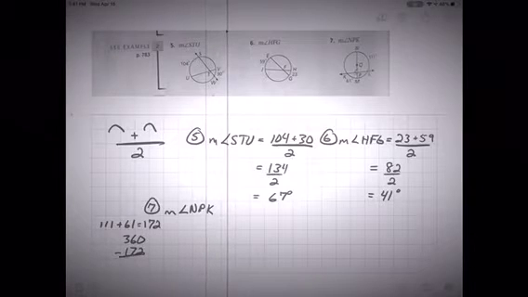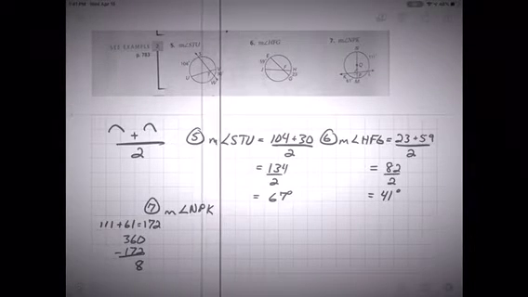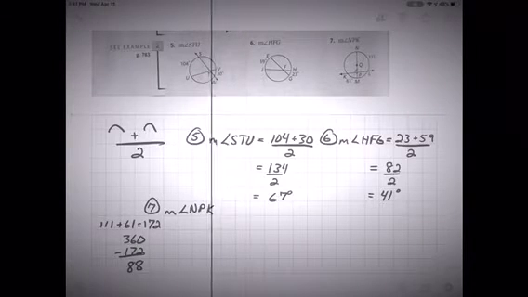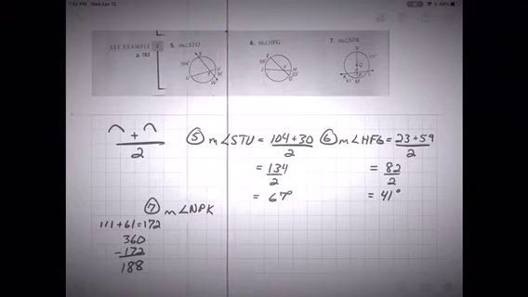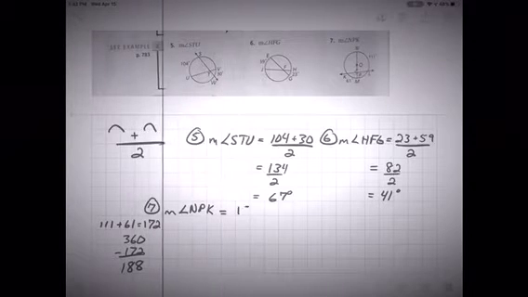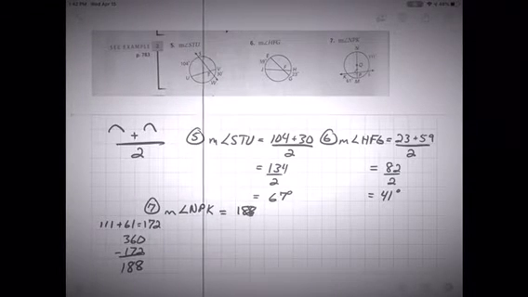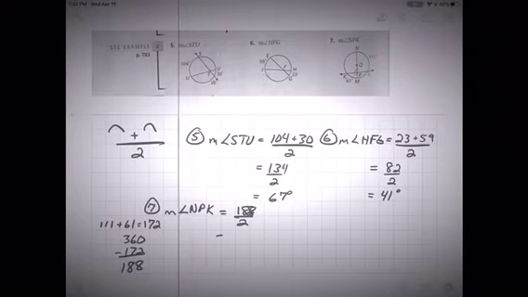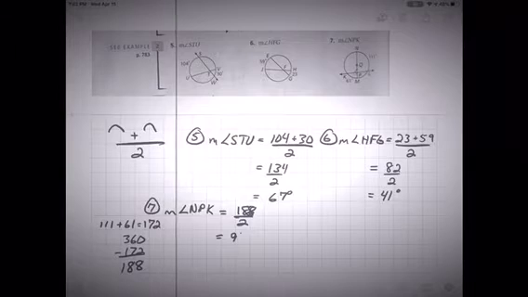And what's left will have to be the two arcs that get cut off by our angle. So we get 188 degrees. And so we will do 188 degrees, and that represents our sum, divided by 2. And so that will give us our 94 degree angle.